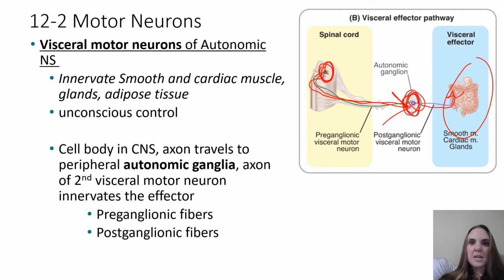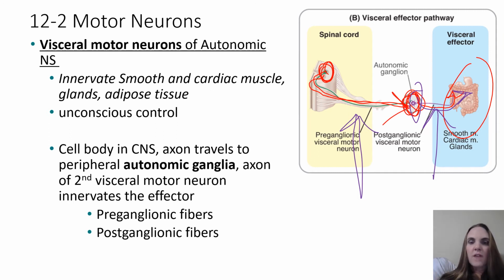When we're naming neurons, we'll sometimes refer to preganglionic or postganglionic fibers when we're talking about the axons of this neuron. So preganglionic fibers would be the axons of the neuron that's directly leaving the central nervous system. And then postganglionic would be those fibers that are leaving the ganglia to innervate the visceral effectors.